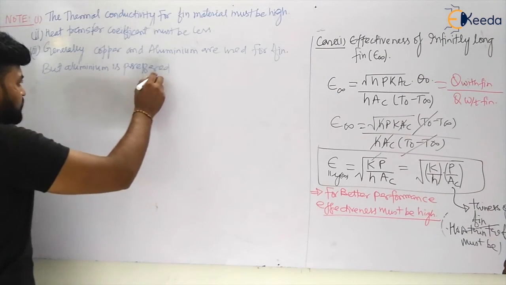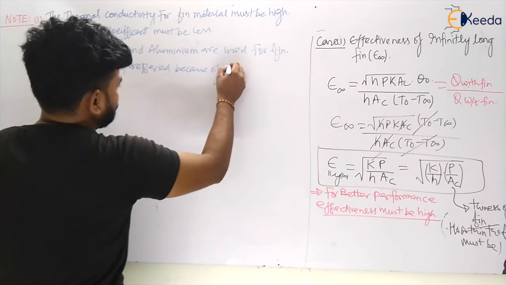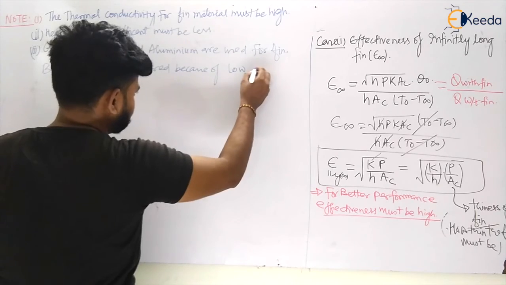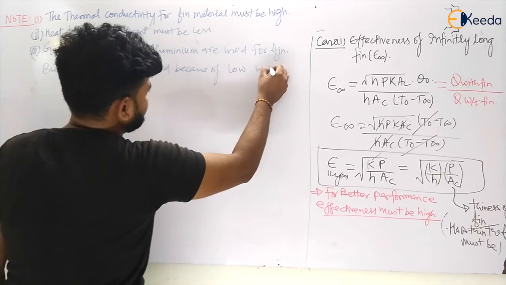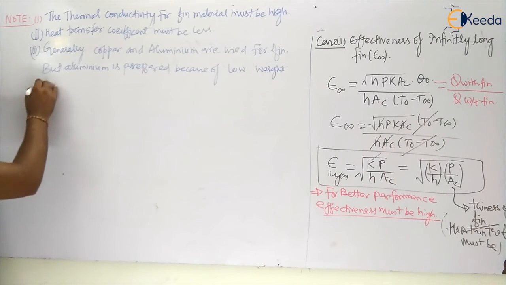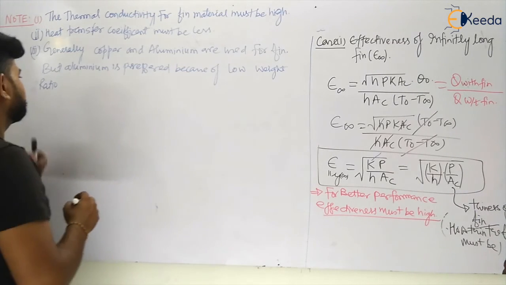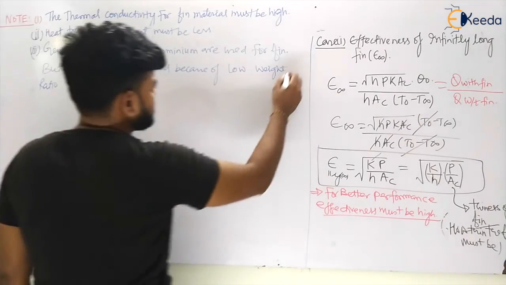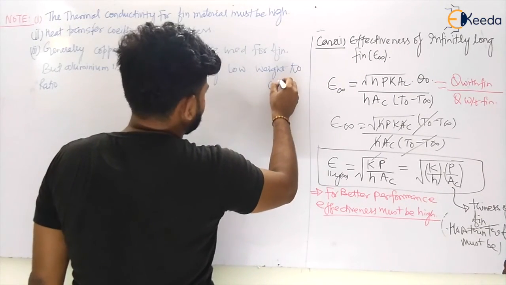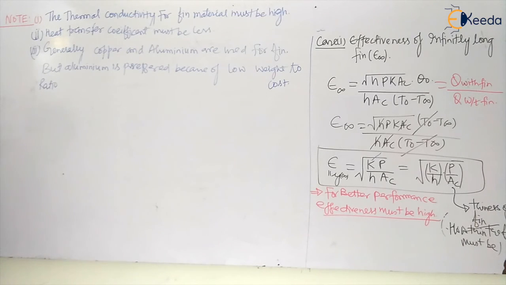Aluminium is preferred because of its low weight ratio, my dear students. So aluminium is preferred for low weight to cost ratio.